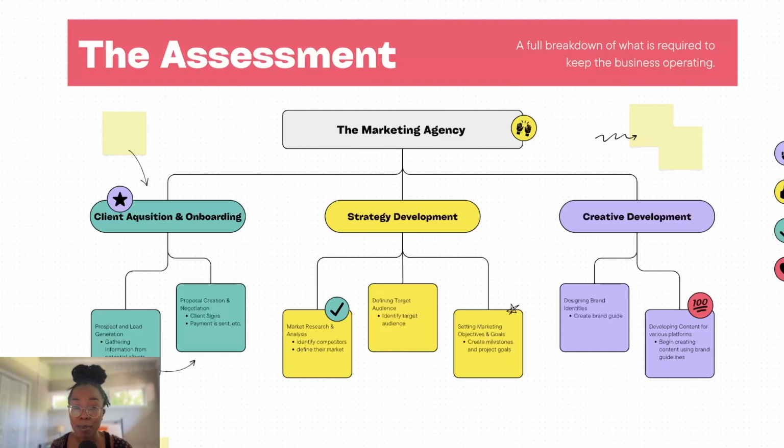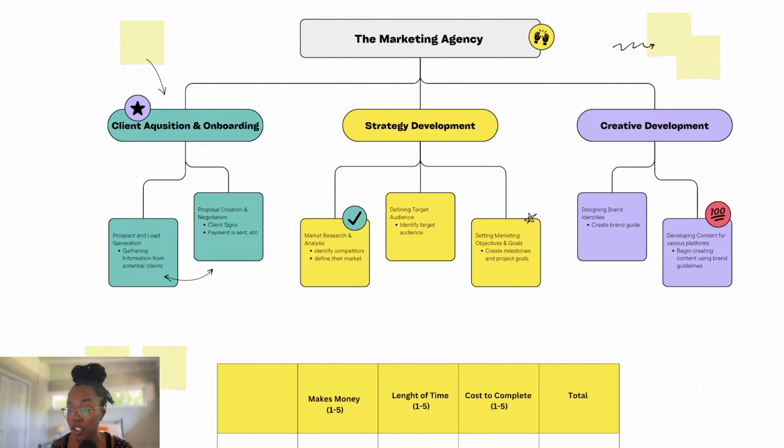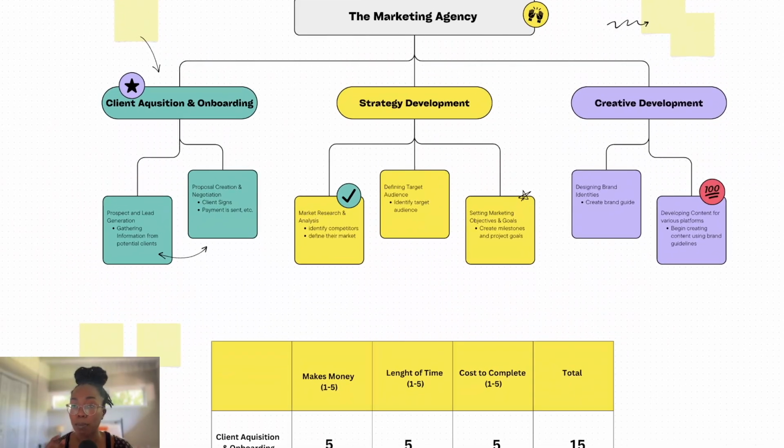And if you have a product-based business, you can apply the same assessment to that as well. Just identify what parts of your business are necessary in terms of keeping the business running. You also want to think about systems and processes that you do on a daily basis that you can automate, or things that are repetitive that you can save a lot of time doing with AI.